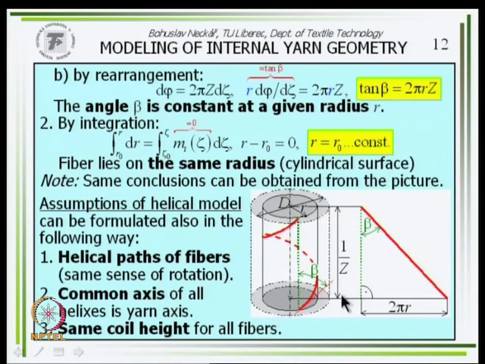This length is 1 by z. The angle between the tangent to our fiber and the vertical direction is the angle beta, isn't it? And after unrolling the surface of such an imaginary cylinder, we obtain this triangle. From this it is also possible to calculate that tangent beta is 2 pi r by 1 by z, so 2 pi r times z.